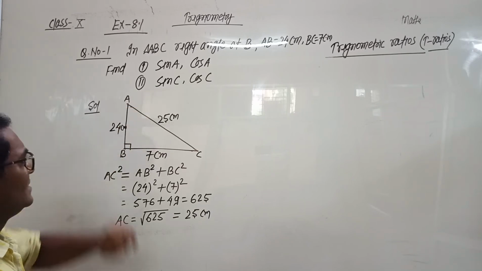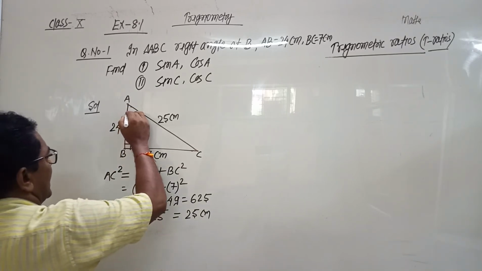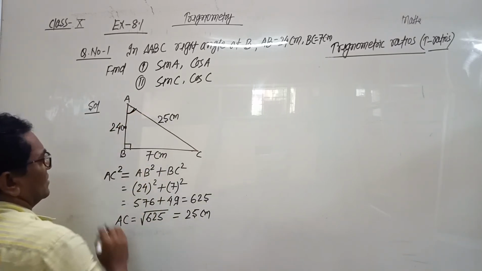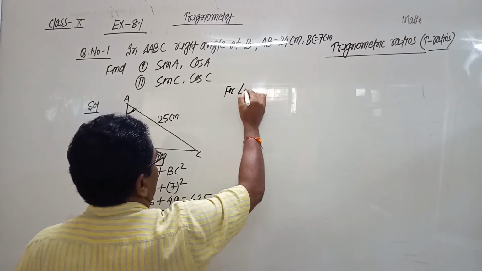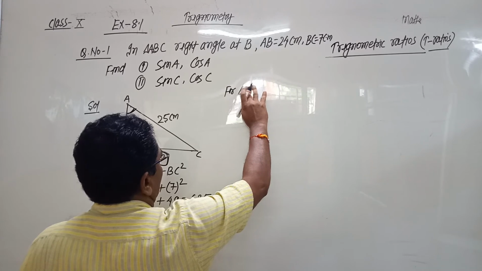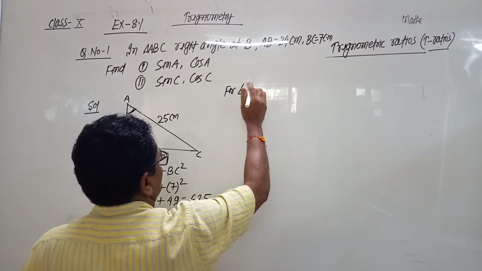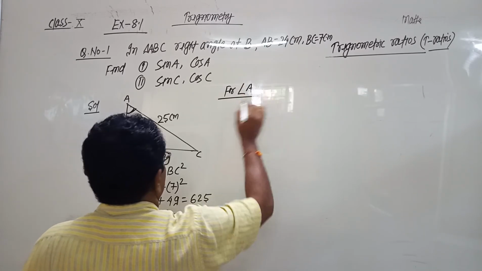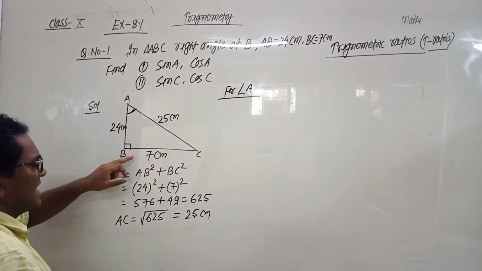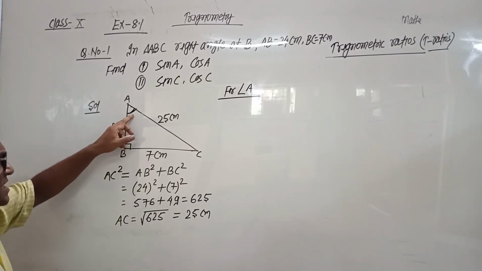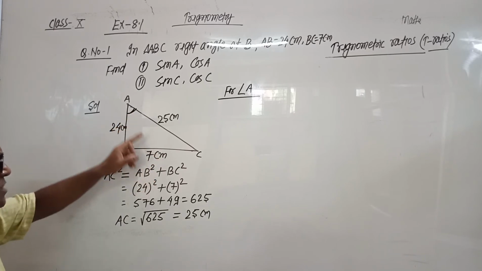Then we have to find sin A. For acute angle A, the perpendicular is the side just opposite to this acute angle.